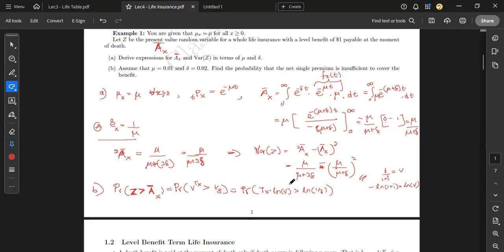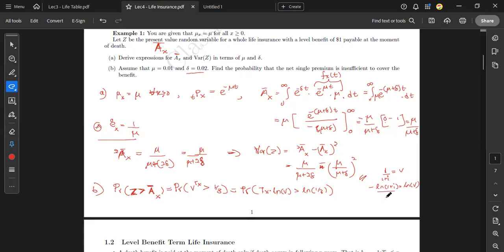So this is a negative value, and we can find the value using this delta, because we know that this is delta.